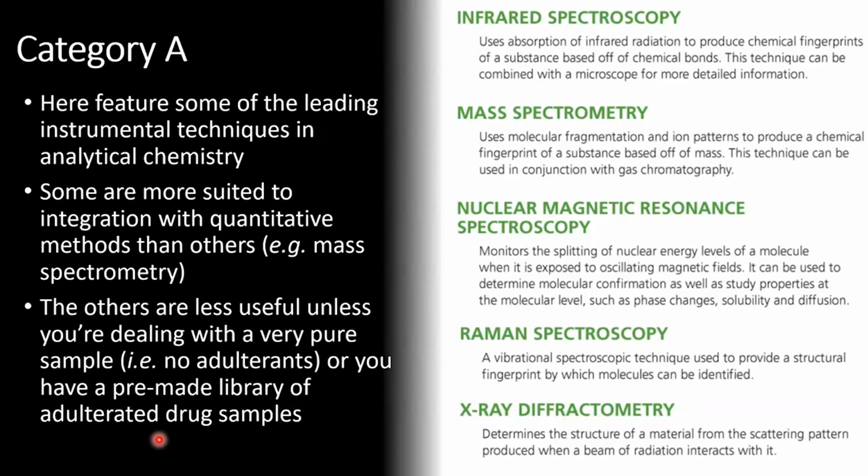It's very hard to integrate the other methods out there, so infrared, NMR, Raman, and X-ray. All of those methods you would struggle to link to some form of chromatography, which allows you to separate out mixtures. So of the five shown, mass spectrometry, I would say, is the most useful in a forensic setting unless you are dealing with highly pure samples.